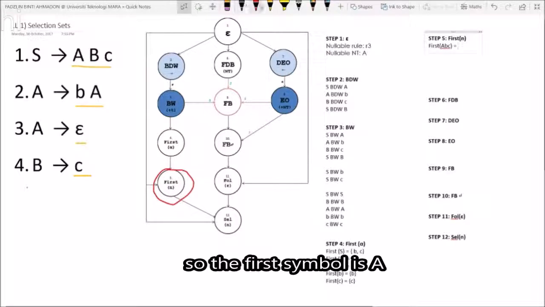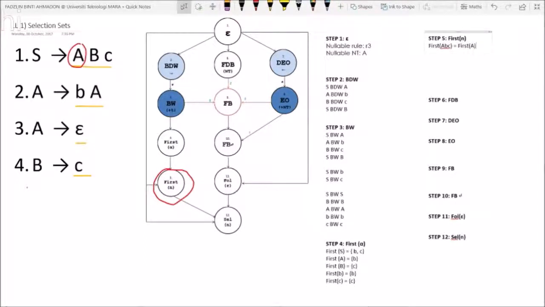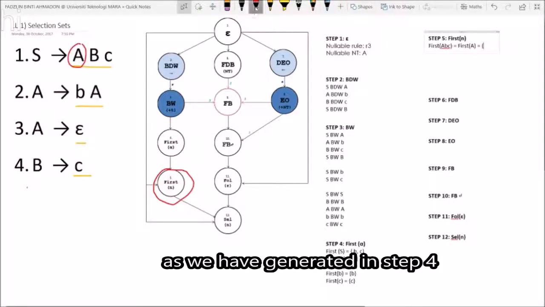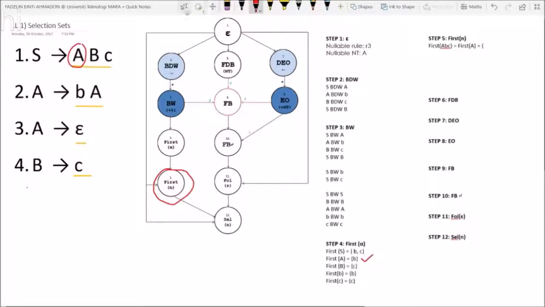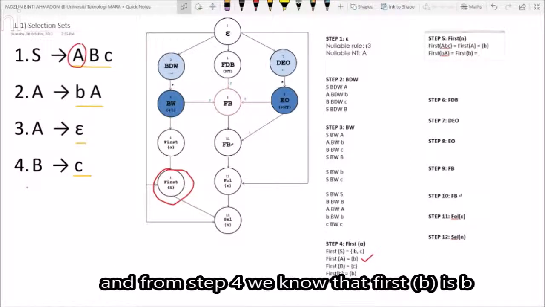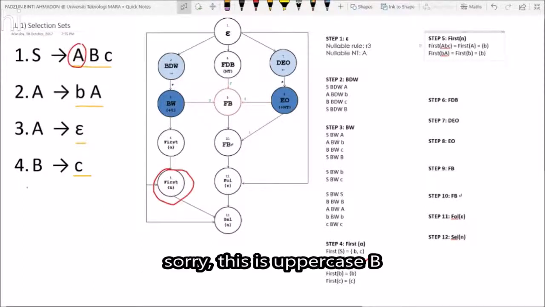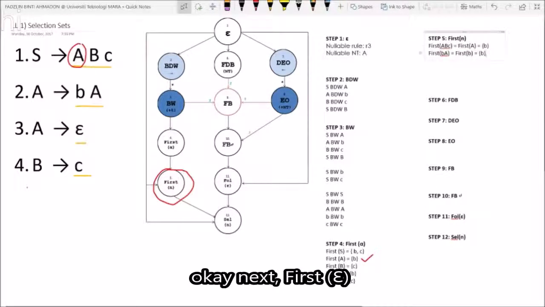So the first symbol is A. Therefore, first ABC equals first A, which means, as we have generated in step 4, it is B. Okay, and then first bA, so the first symbol over here is lowercase b, and from step 4 we know that first B is B. Sorry, this is uppercase B.